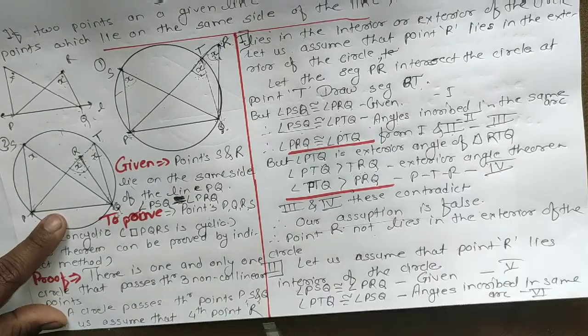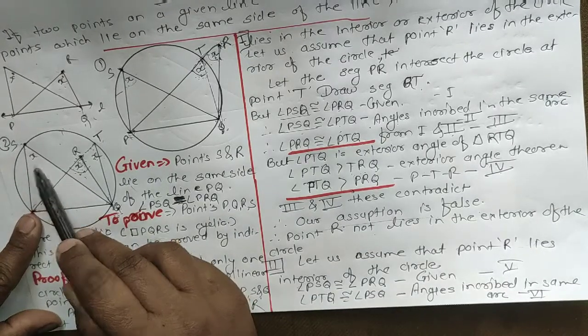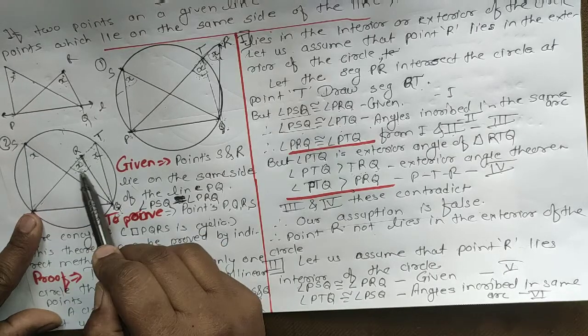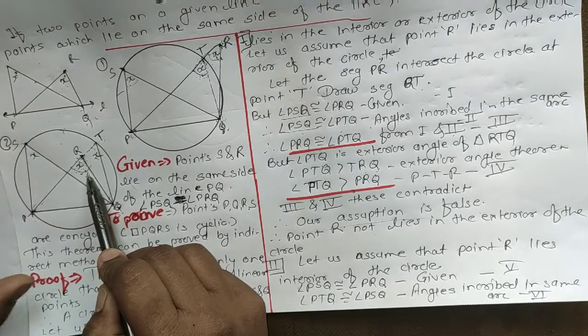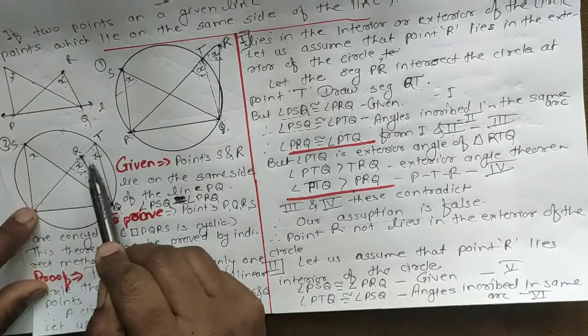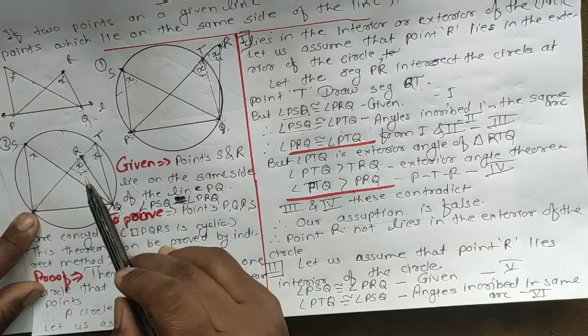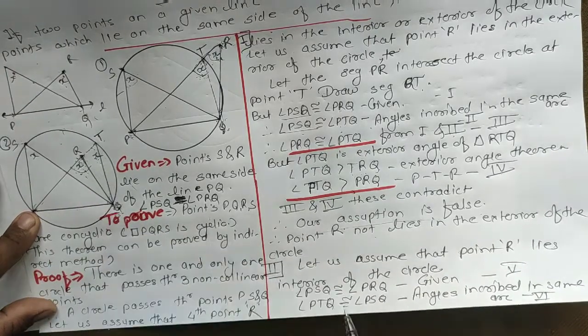Same thing: angle S is congruent to angle T, and it is already given that S and R are congruent. Angles S and T inscribe the same arc, that is why these two angles are congruent to each other. Okay, we showed that.